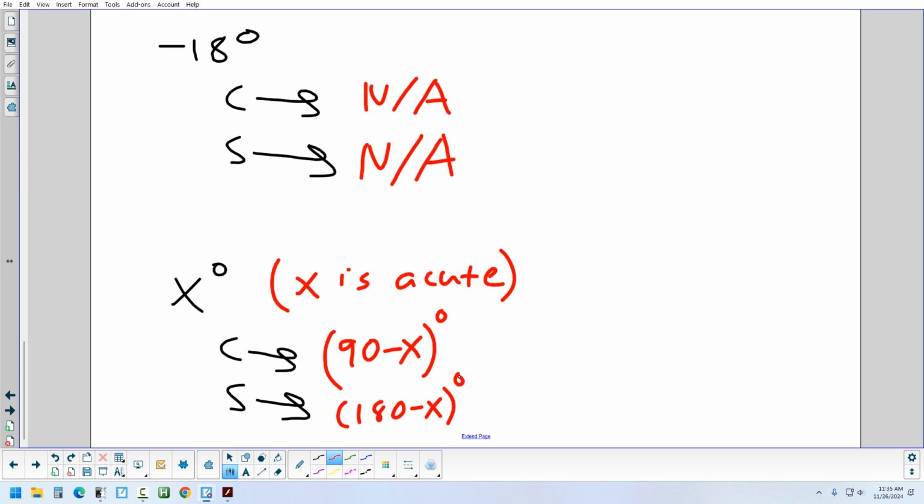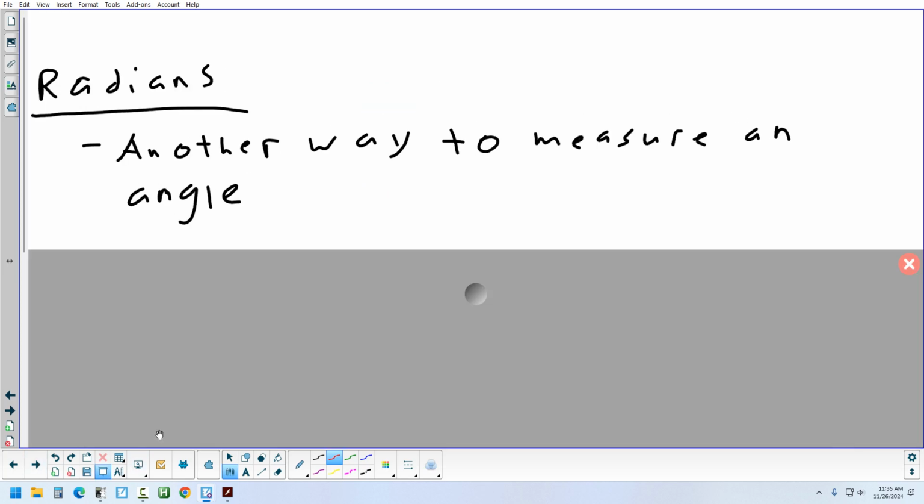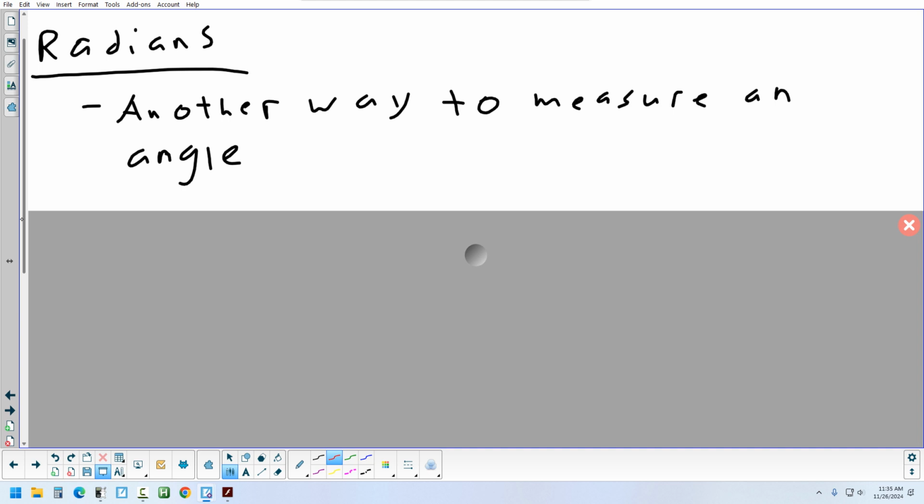Okay. So the last thing we're going to look at are what are called radians. If you take calculus next year, everything you do related to angles will be in radians. Degrees is not really used in higher math.